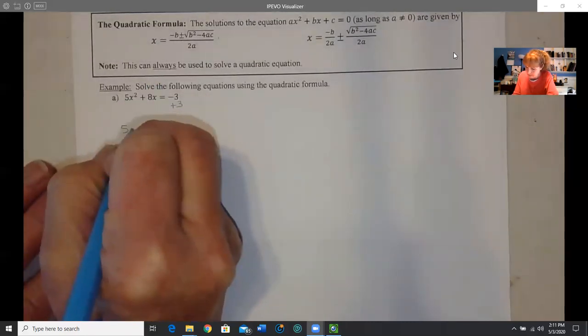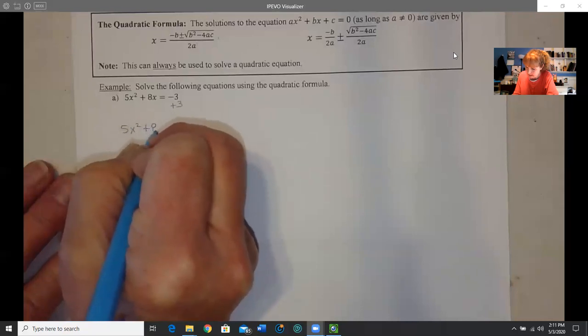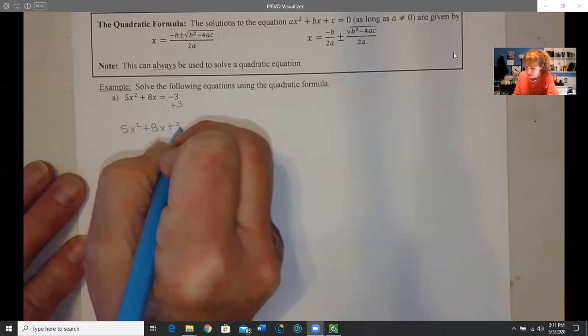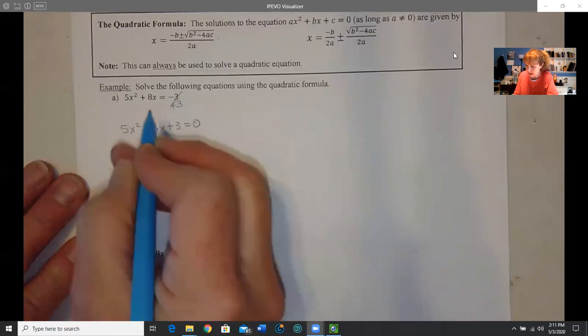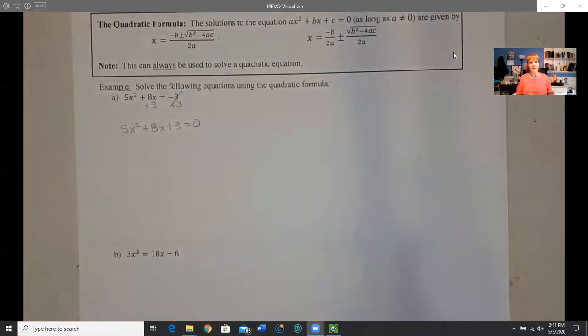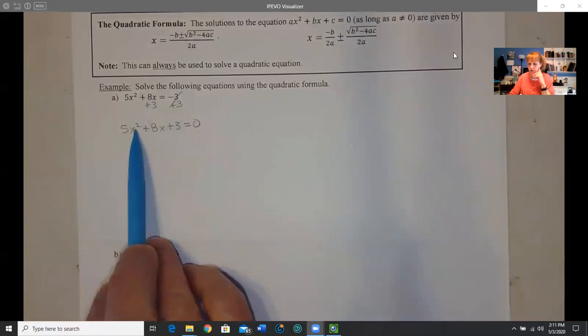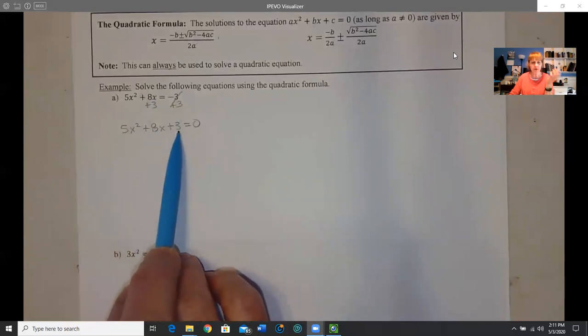So I've got 5x squared plus 8x plus 3 equals 0. So I added a +3 to both sides. Once you've done that, you're ready to fill in the formula. We're going to have some problems where you might be able to reduce. They may have a greatest common factor, and you can do that. You don't have to.